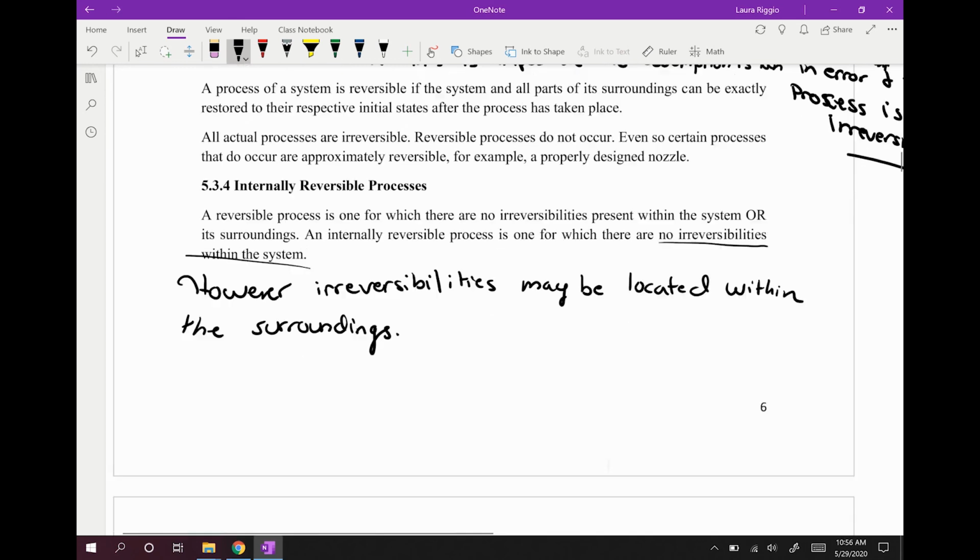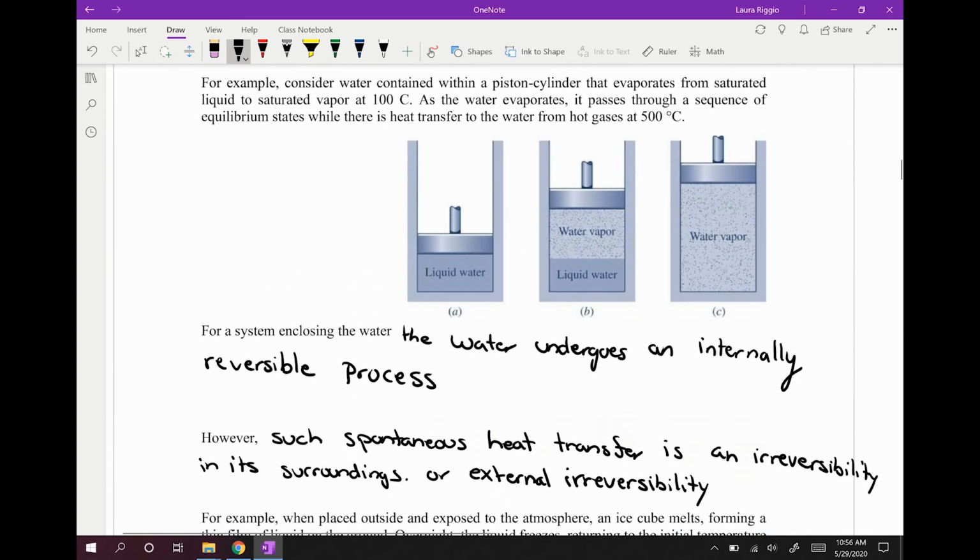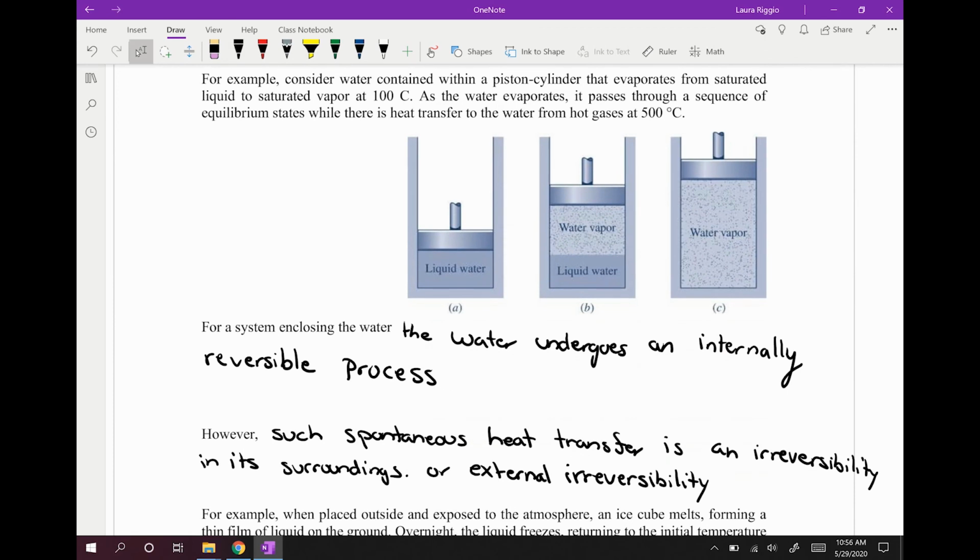As an example, we're going to consider water being contained within a piston cylinder. It evaporates from saturated liquid to saturated vapor at 100 degrees Celsius. As the water evaporates, it passes through a sequence of equilibrium states while there is heat transfer to the water from the hot gases at 500 degrees Celsius. So if we think of a system that just encloses our liquid water, the water undergoes an internally reversible process.